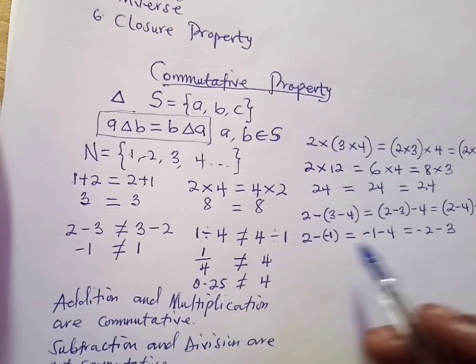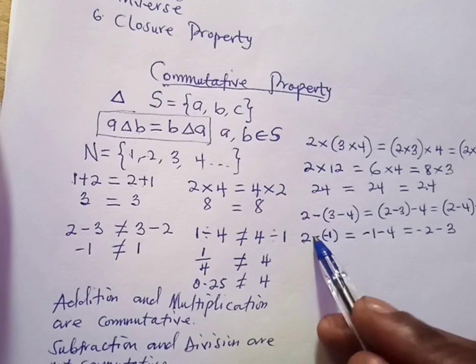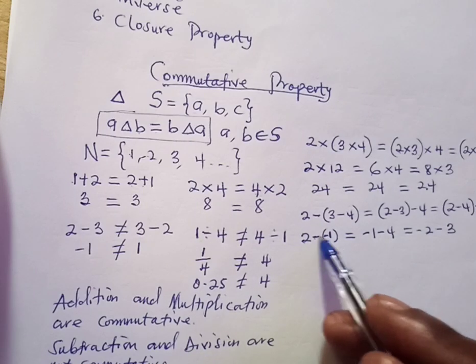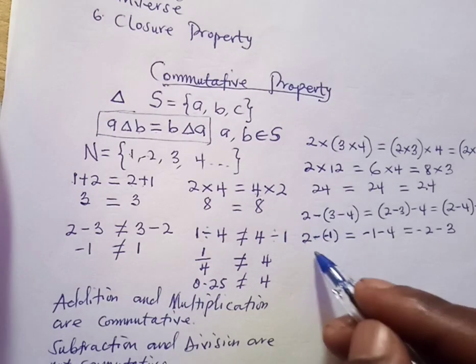Now let's work them out. So 2 minus negative 1. Since this is minus and this is negative, negative will be positive. So it means here will be 2 plus 1, which gives me what?